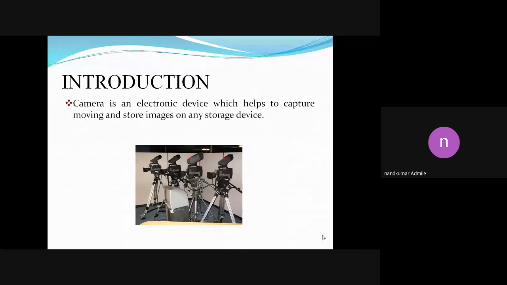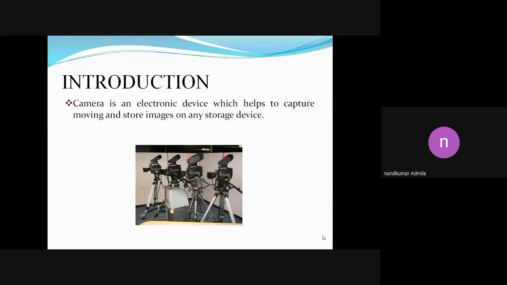So by using the camera, we can capture the moving object. If we capture the image by using our camera, similar to that, we can also capture the moving images, so that is referred to as a video.